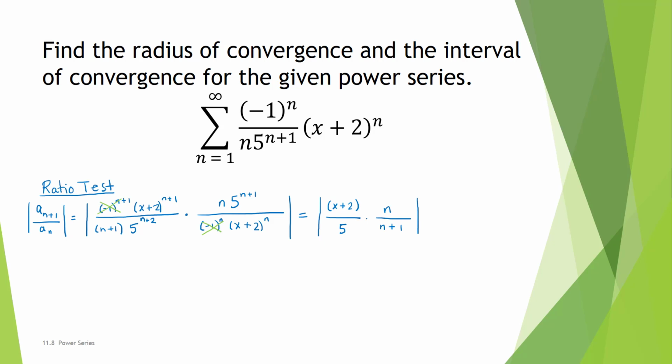Because each other factor involves only positive numbers, the only factor that needs the absolute value is the x plus 2. So we can rewrite our expression as the absolute value of x plus 2 divided by 5 times the fraction n divided by n plus 1.